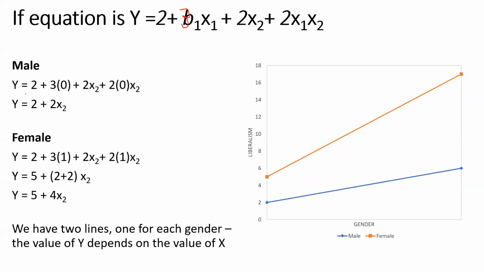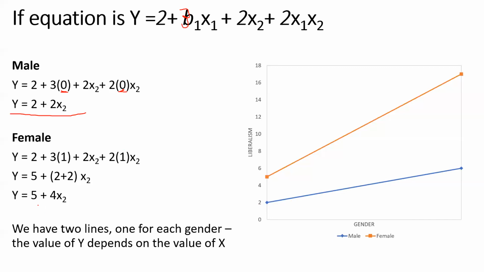So if we plug in males, then we put a 0 everywhere there's an x1, and we end up with an equation for the model of y equal to 2 plus 2x sub 2. And that's this equation right here. The slope right here represents the slope of the line of the relationship between education and liberalism for men, okay?